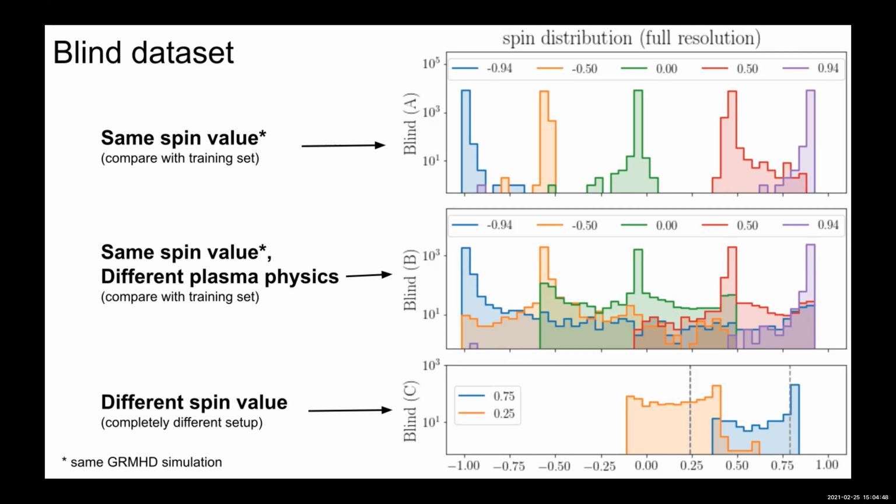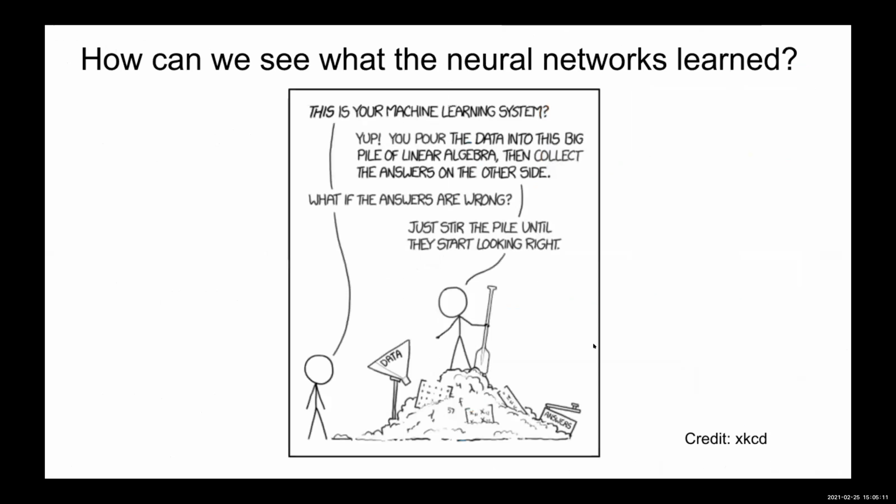So we tested on spin equal to 0.75 and 0.25. Our neural network model shows that even though the distributions are influenced by the prior, the mean value of these predictions is actually pretty close to the ground truth. This makes us really excited and makes us think that the neural network really learned something important in these synthetic data sets. So the next question we have is, well, obviously this works pretty well.